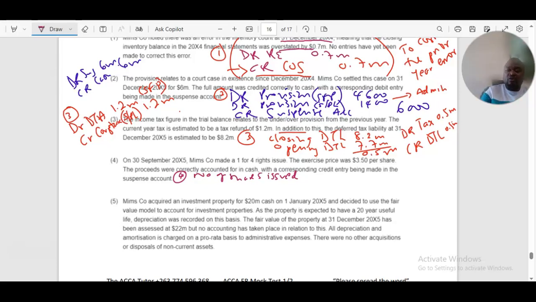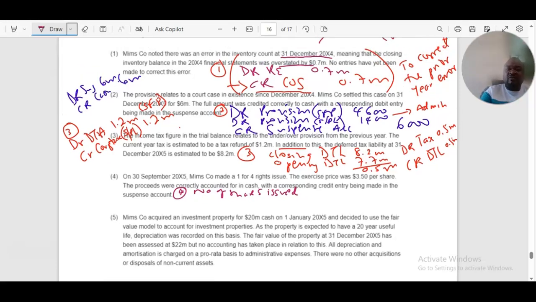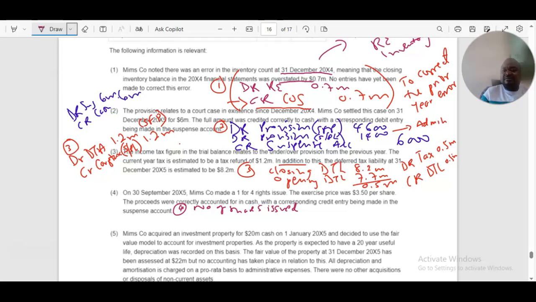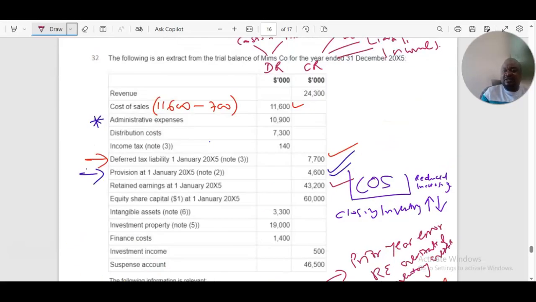So we go back to the information about shares. Yes, the equity shares. These are priced at a nominal value of $1.